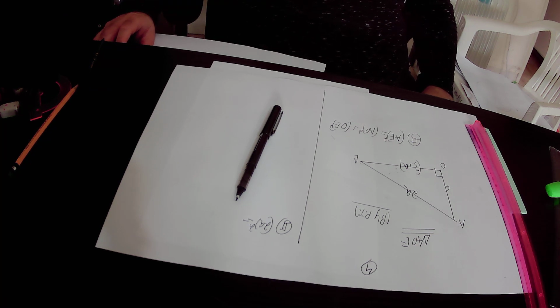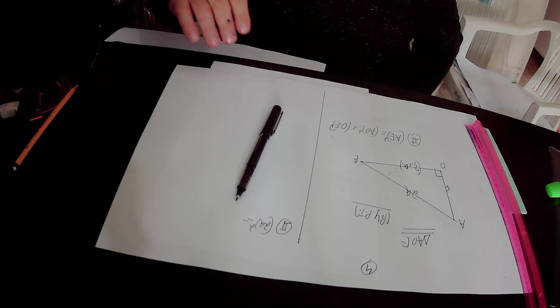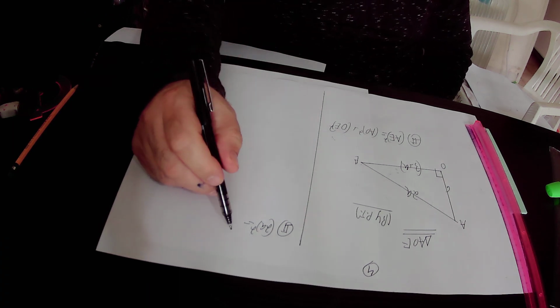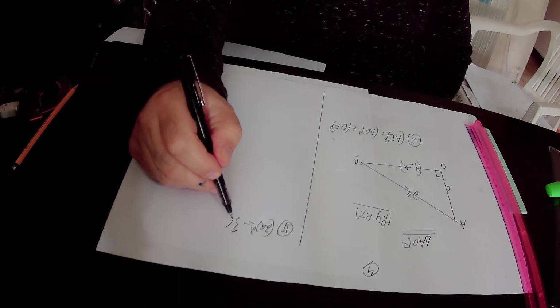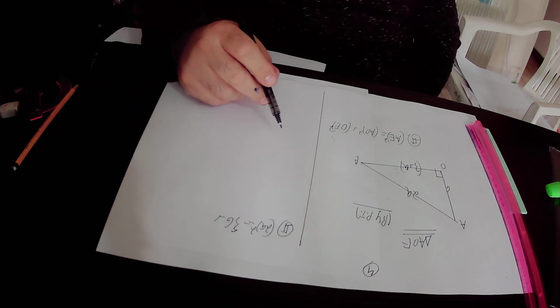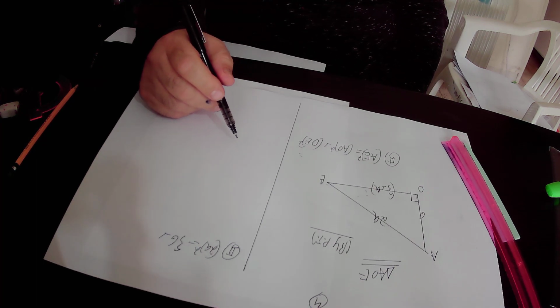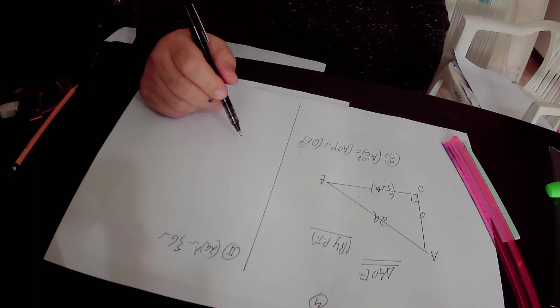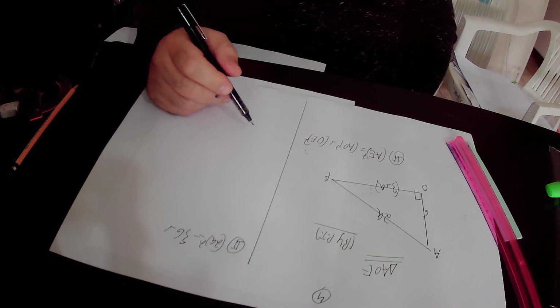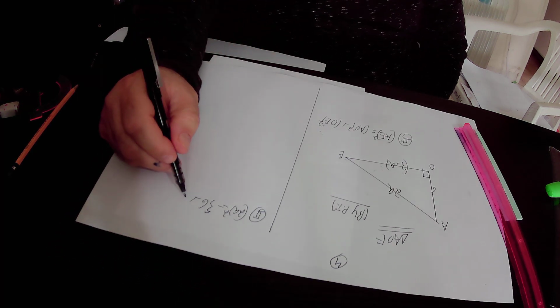AO equals 6, so AO squared is 6 squared, that is 36, plus OE squared. OE equals 3 plus A, so OE squared is 3 plus A squared.